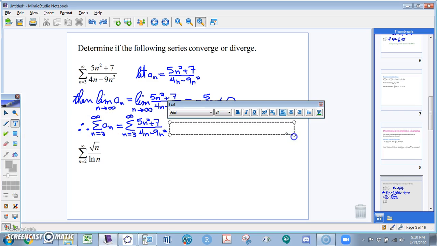I'm going to write that out with letters. Diverges by the nth term test.